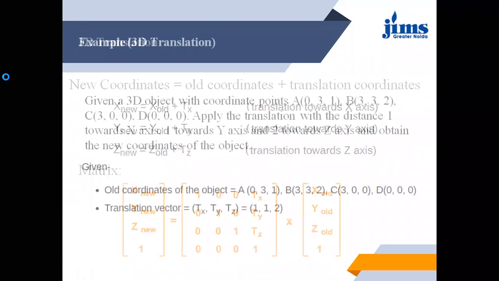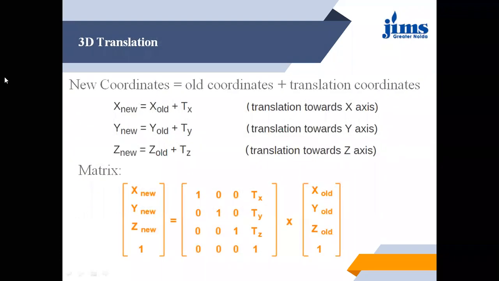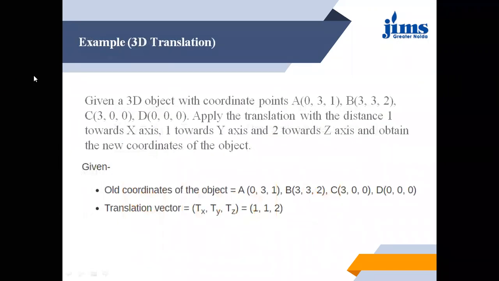Now I think this has been finished. Now we will see an example based on translation. A 3D object is given to us; suppose this is our 3D object.